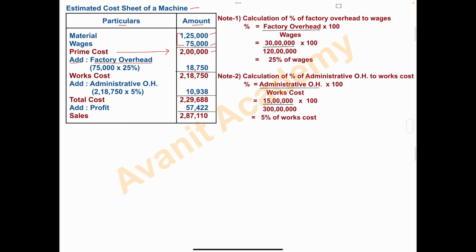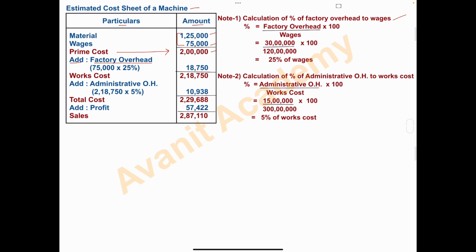Let's prepare the note. Note number one, calculation of percentage of factory overhead to wages. To calculate the factory overhead amount, we have to prepare a note, that is calculation of factory overhead to wages. And the formula is percentage is equal to factory overhead divided by wages into 100.